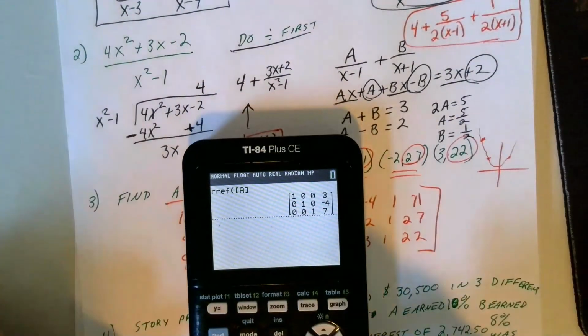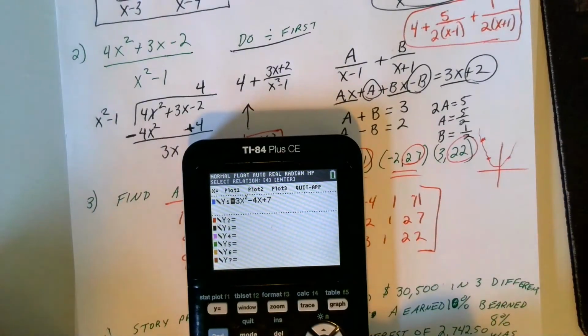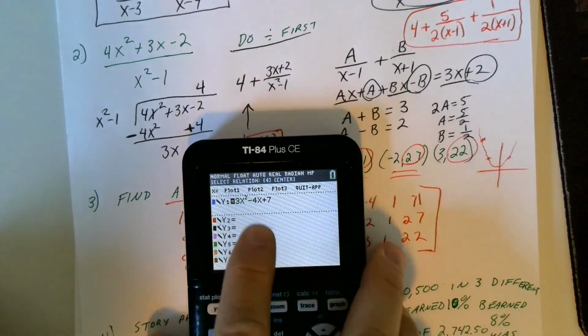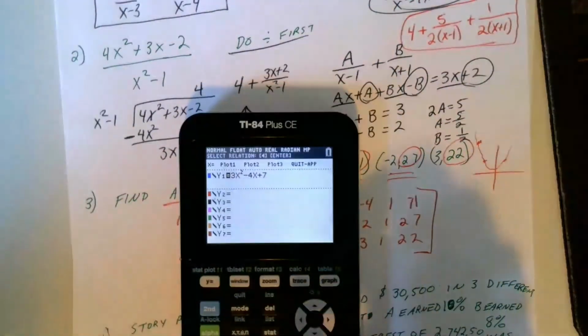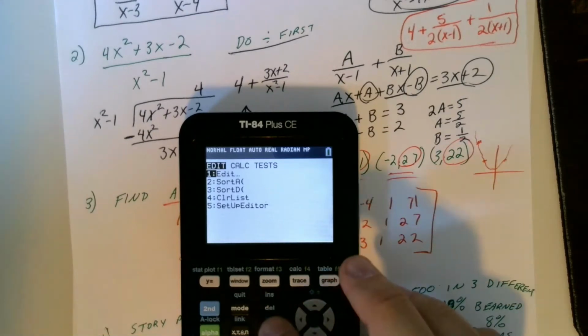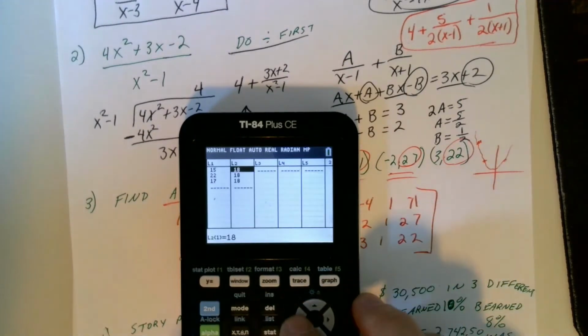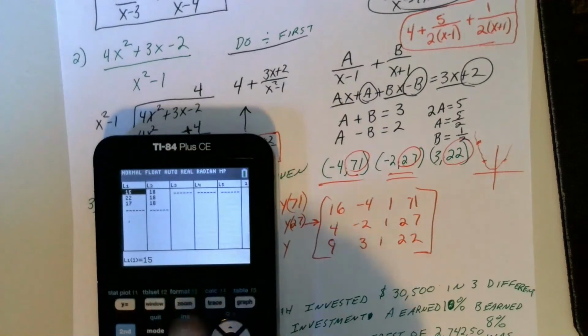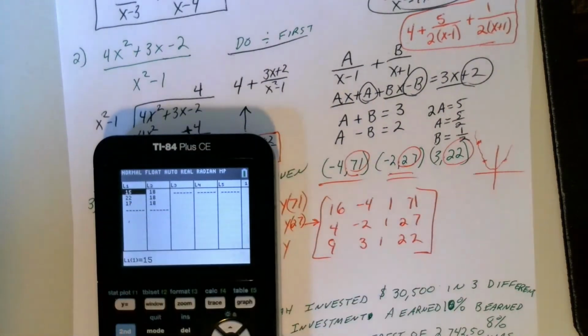Now we're going to do a bunch of stuff here. So I'm going to go to y equals, and I'm going to put in 3x squared minus 4x plus 7, just like that. Sorry, it doesn't have perfect zoom on it, but that's there. I'm going to go to my stat, and I'm going to go to edit, and I'm actually going to put in those 3 points. I'm going to do it this way, so I'm going to kind of show you the connection between everything.